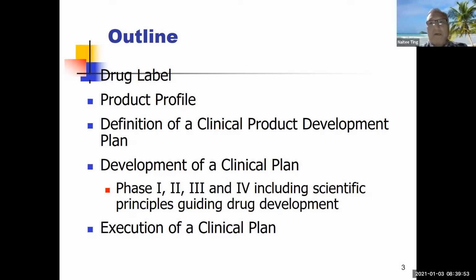Today we talk about all kinds of data: big data, real world data. But clinical trial data can be very expensive. If you divide, say, $2 billion by the number of data points collected throughout the entire drug development process, you can see each piece of data is expensive.